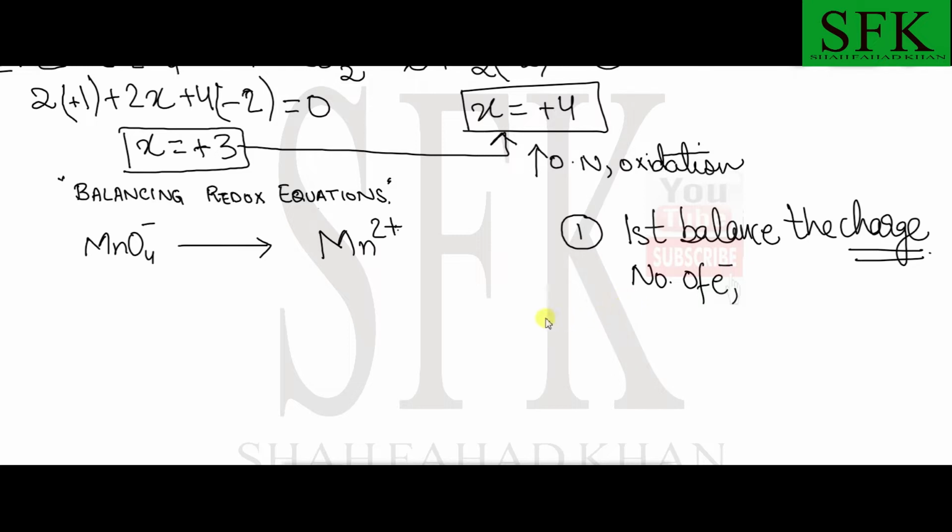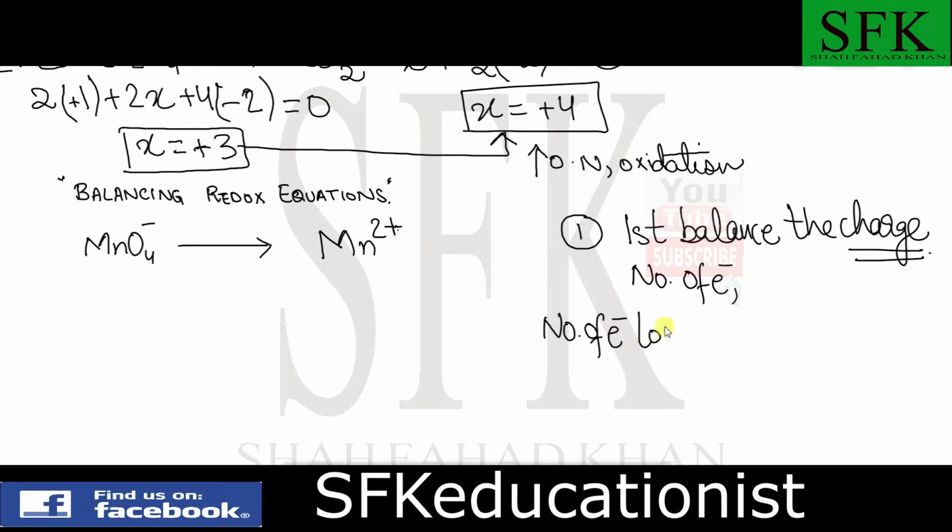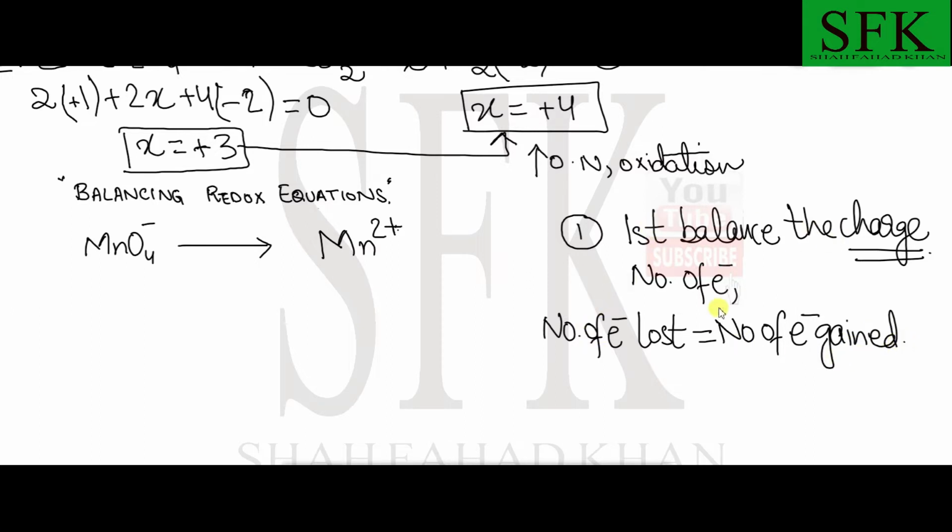This is a basic rule of redox that the number of electrons which are lost must always equal the number of electrons which are gained. So we are gonna need to balance the number of electrons in both the equations. Basically, we are gonna balance the electrons from the species which is losing them, and for the species which has gained them.